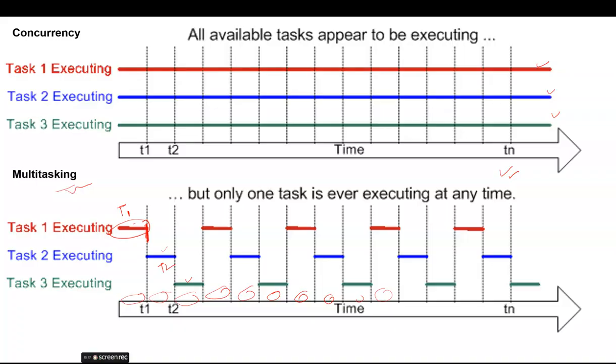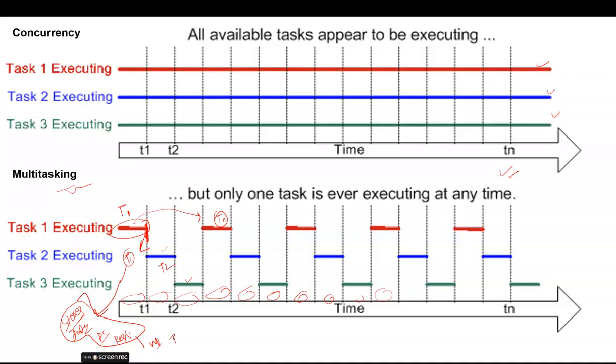Then how will task 1, when it gets the CPU again, get the same resources? While it leaves, it stores all the data that it was using, wherever the program counter was and wherever the registers were, all these things it stored in a memory block.